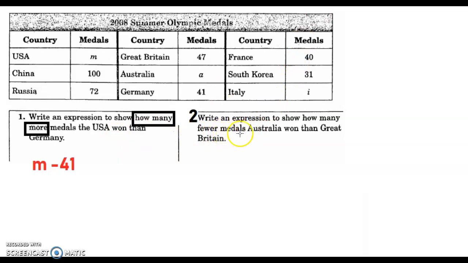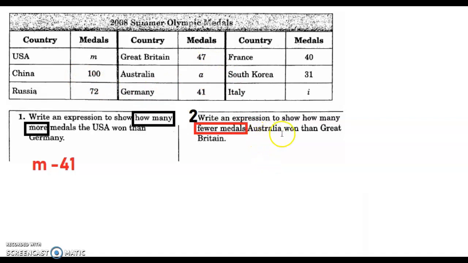The next one says, write an expression to show how many fewer medals Australia won than Great Britain. So let me see here. Fewer medals than Great Britain. That means, let's see, Australia is A, Great Britain is 47, right?